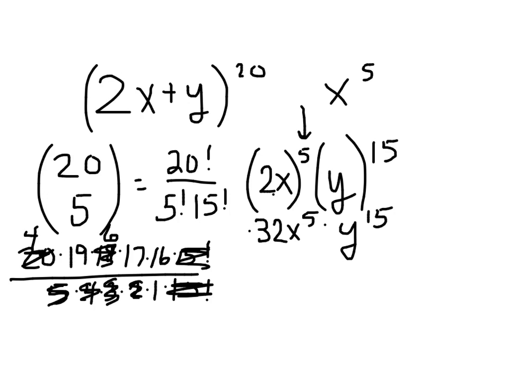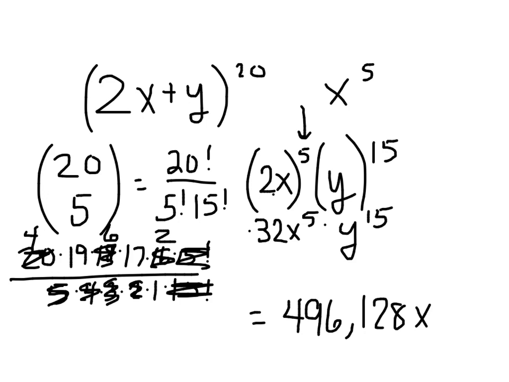These two would drop this down to a 2. And then I don't have so much multiplying left to do, unless if I didn't have a calculator. So 4 times 19 times 6 times 17 times 2, and then don't forget the 32 from the other one. And I end up with 496,128 x to the 5th, y to the 15th.